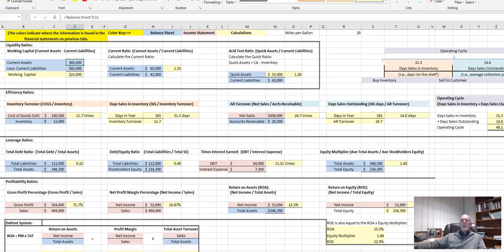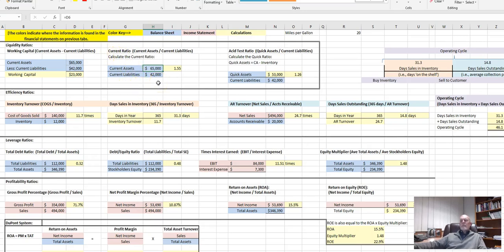So working capital is the current assets minus the current liabilities. That gives us a net working capital of $23,000. Another way we might compare them is if you take the current assets and divide it by the current liabilities, we call that the current ratio.